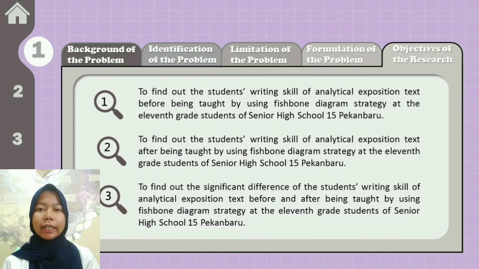The second is to find out the students' writing skill of analytical exposition text after being taught by using the Fishbone diagram strategy at the 11th grade students of Senior High School 15 Pekanbaru. And the last, to find out the significant difference of the students' writing skill of analytical exposition text before and after being taught by using the Fishbone diagram strategy at the 11th grade students of Senior High School 15 Pekanbaru.